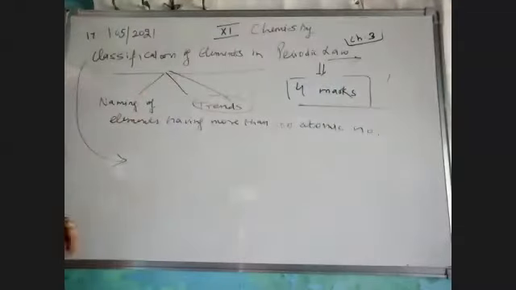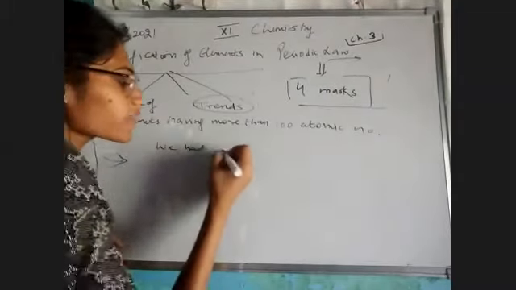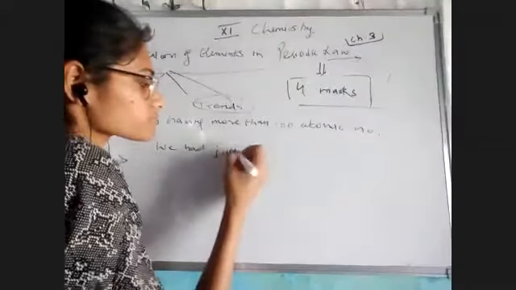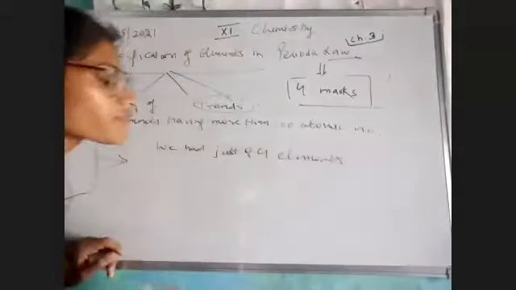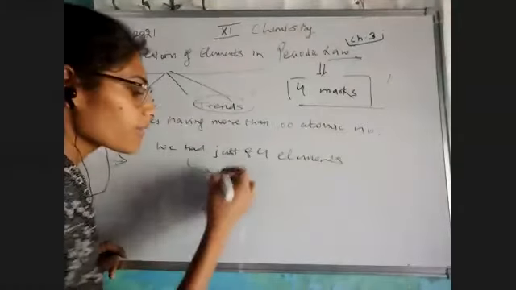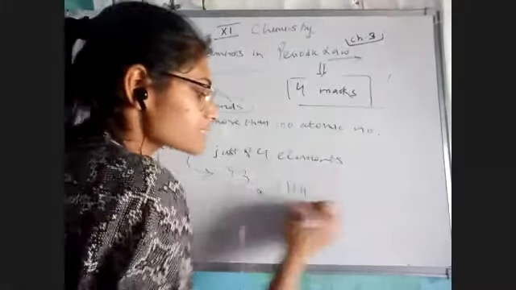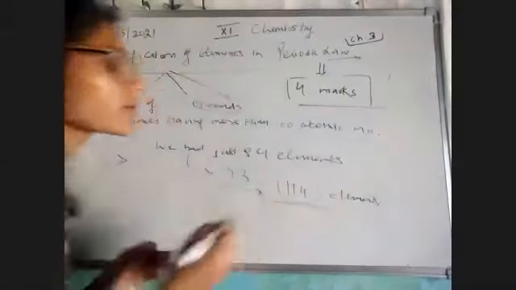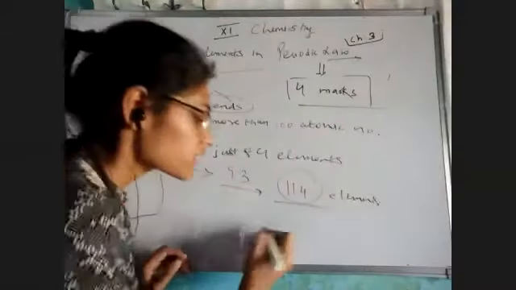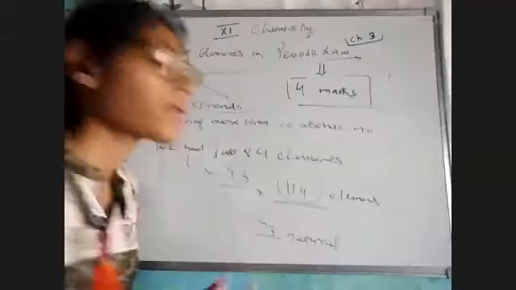Now as we kept moving, first of all we had just, I think, 84 elements. Then after some discoveries, we came to know about 93. And in today's date, we have 114 elements, out of which almost 93 are natural and the others are man-made.